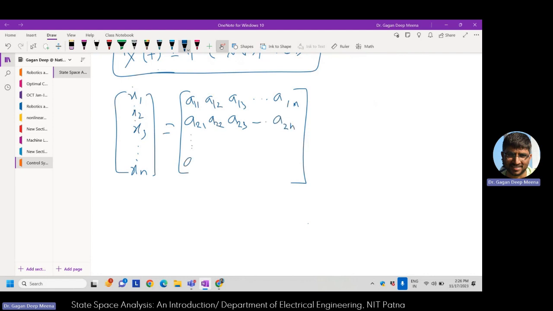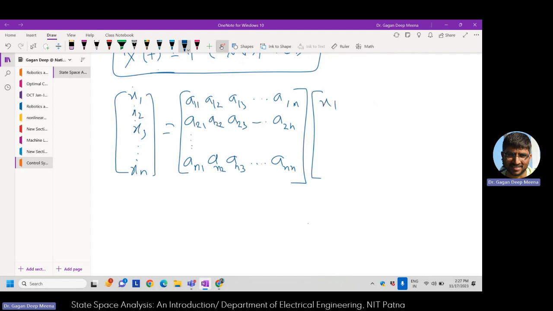It can go on and on, and the final row of this state matrix I can write as an1, an2, an3, going on until ann. You can figure out that it's an n cross n matrix.